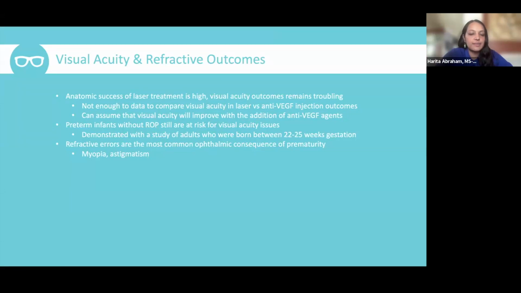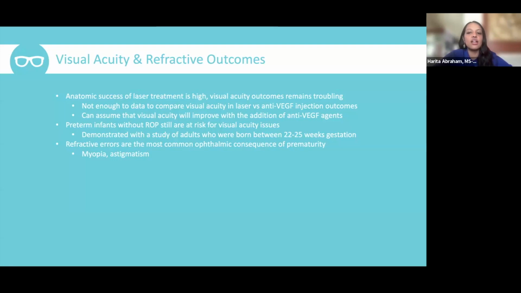And then interesting to note is that preterm babies who did not have retinopathy of prematurity still had risk for visual acuity issues. So a study the author looked at was a group of adults who were born between 22 to 25 weeks gestation, and it showed that they had more risk and more problems with visual acuity than the control group of adults.